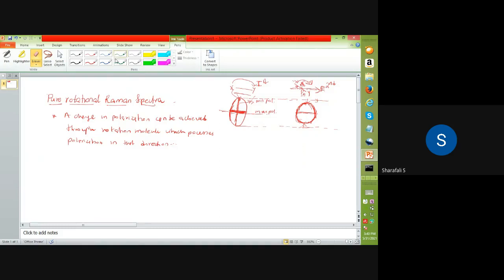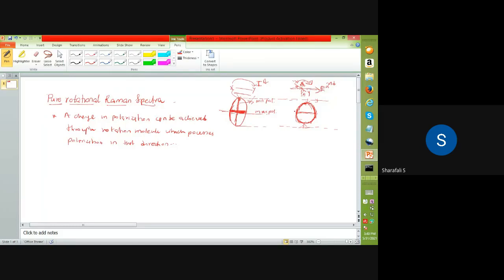I think we already discussed in the last class about stretching vibrations, how the polarization changes, the polarizability ellipsoid. Basically, we are plotting this with respect to alpha. That's why it is called the polarizability ellipsoid.